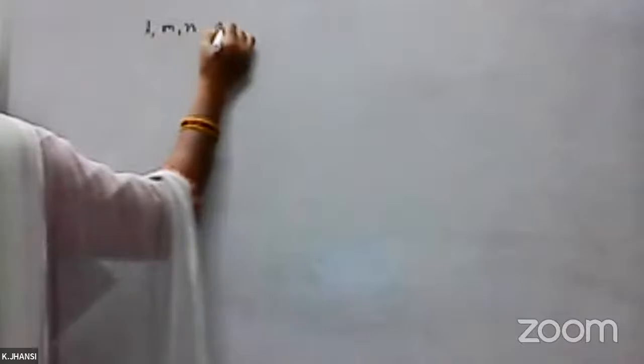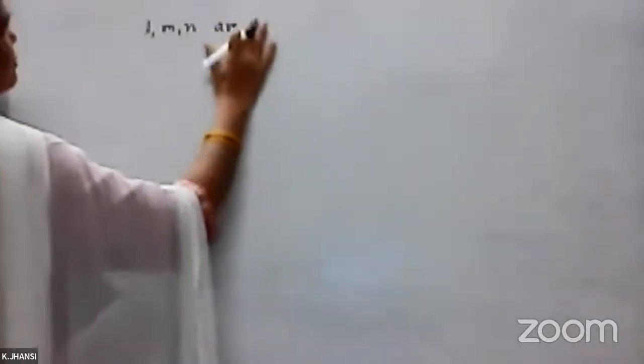Next, already in the introduction I have told what direction cosines and direction ratios are. Now we'll solve one problem on that. You remember that l, m, n are direction cosines.